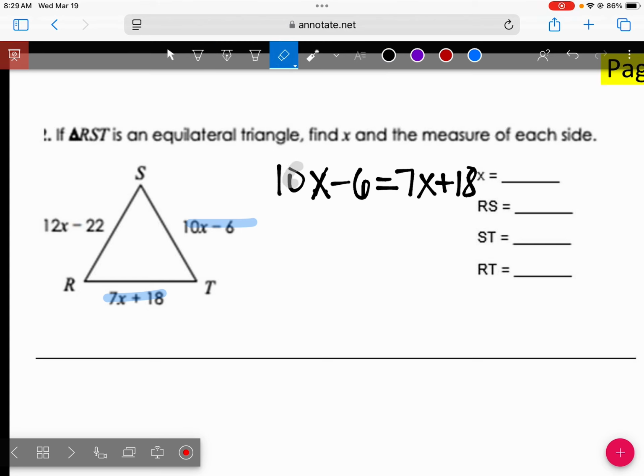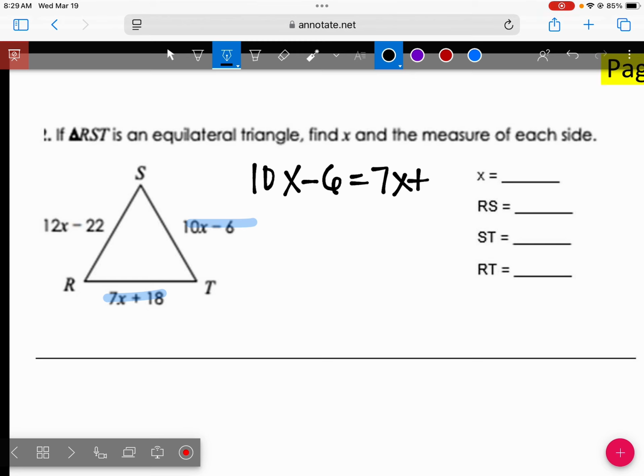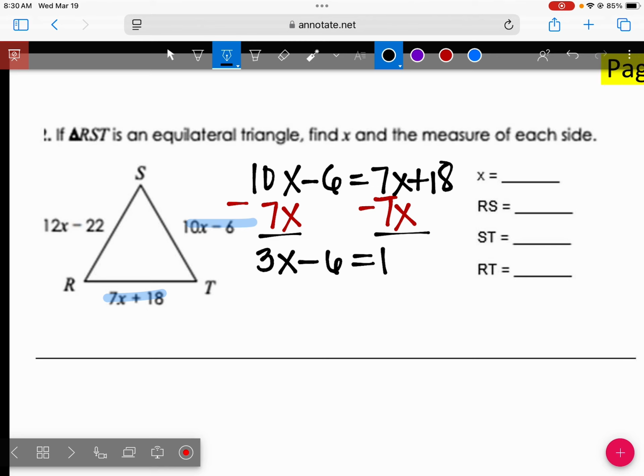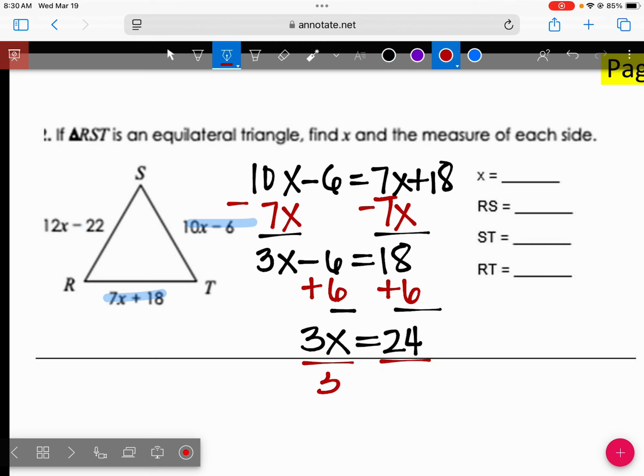Go ahead and solve that for x. All right, who got x equals 8?